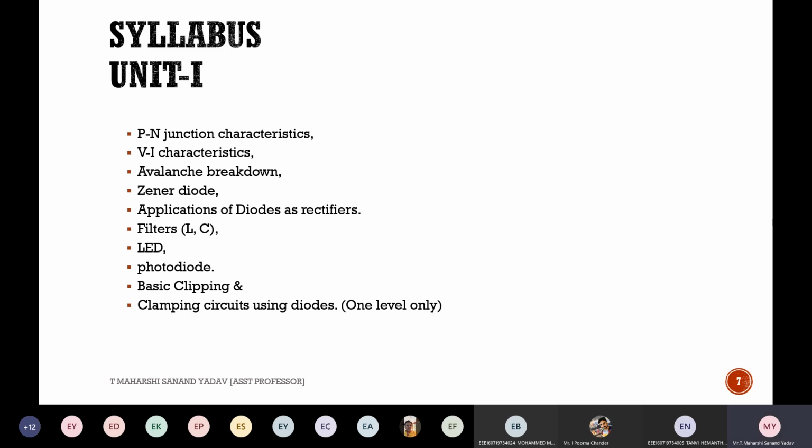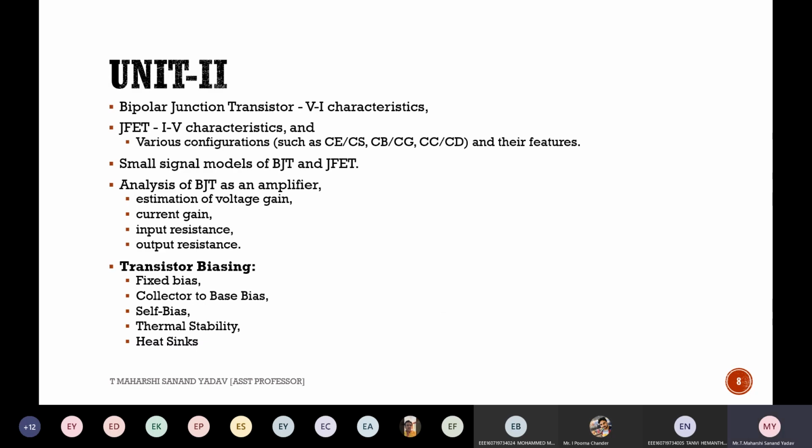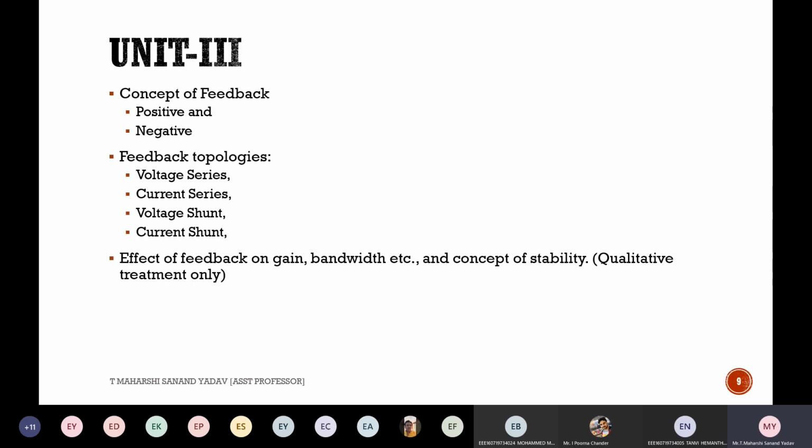So what is the formula for barrier voltage, VB? Guys, are you present? Yes, sir. Tell me the formula for barrier voltage. What is VB?